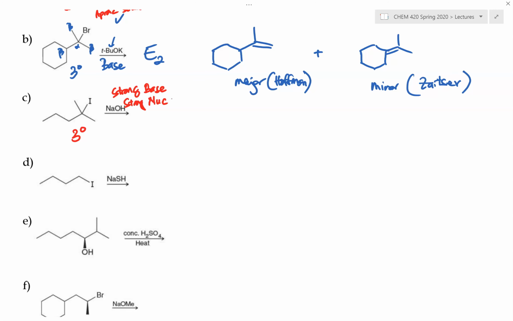But here, the reaction would happen through either an E2 or an SN2. Because this is a tertiary substrate, it will not favor substitution or SN2 reaction. So therefore, the major product would be the E2 reaction.